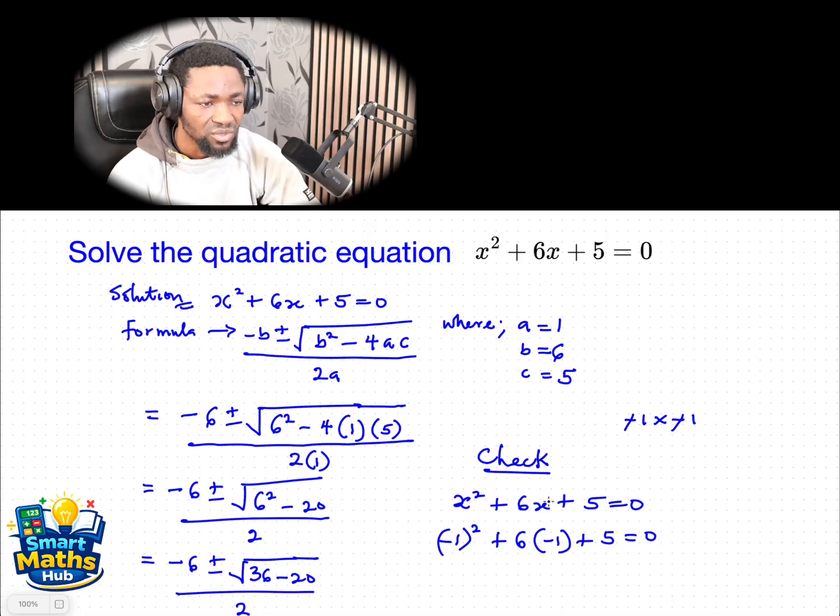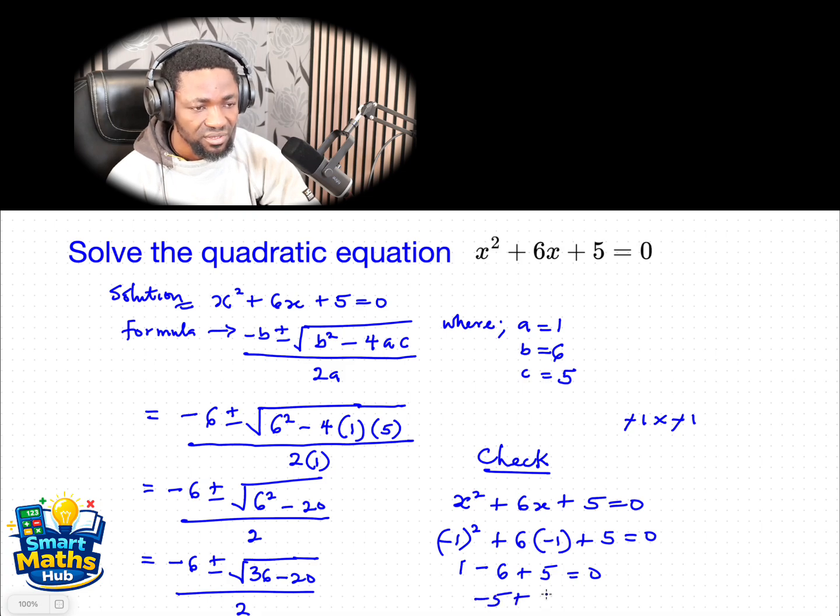Then you come back: 1 plus 6 times minus 1. Minus times plus is minus, so don't forget your sign. Minus 6 times 1 is 6, then plus 5 equals to 0. Now look at it: 1 minus 6, you have minus 5 plus 5 equals to 0.